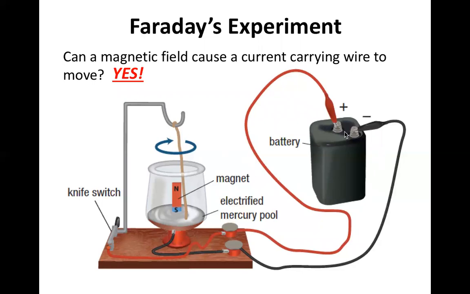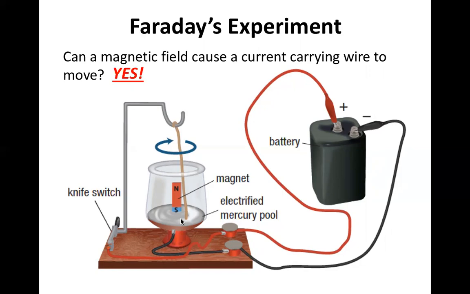So the current, we could think of it as coming out of the positive terminal of the battery, going through the red wire, and then going up this metal stand and down through this dangling wire, which is sitting in liquid mercury, and then connects down here, because this is all electrically conductive, going down through the black wire up to the negative terminal of the battery. So it makes a full complete loop.